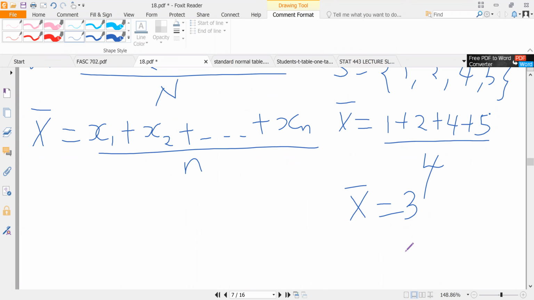Now, this value of X bar that has been calculated using the sample units, we call it a point estimate. When you use actual observations from the sample to calculate X bar or any other estimator, what you get, we call it a point estimate.